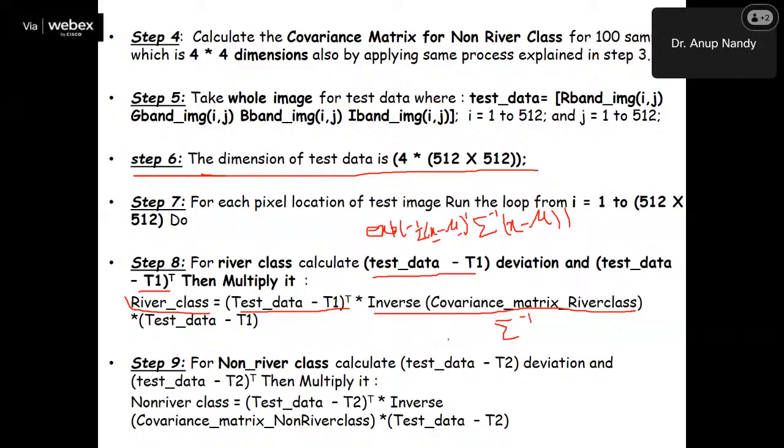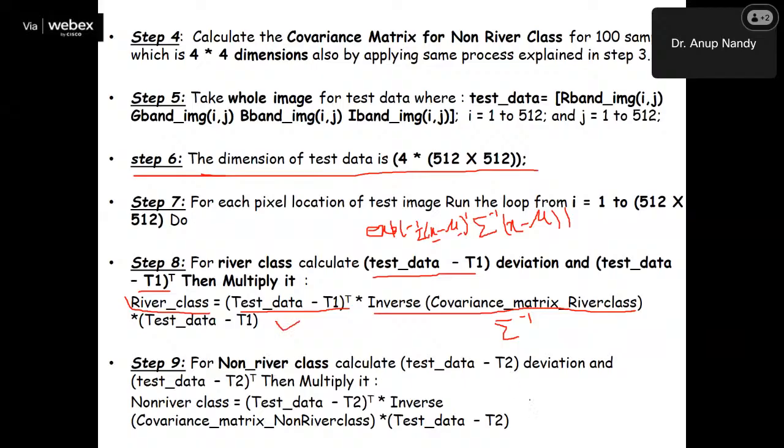You have calculated the covariance matrix for both classes, the river class and the non-river class. Now invert it and multiply with the test data. It is just the exponential of this whole thing that you have already calculated from this step.